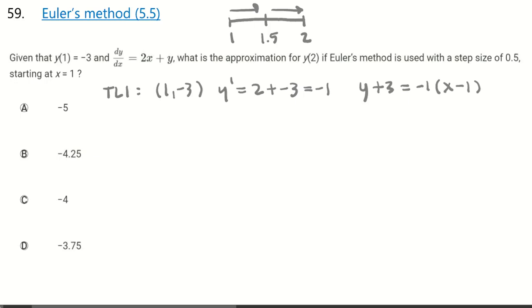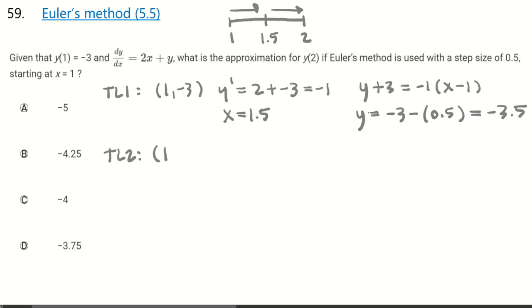I'll take my first step, and that's where x becomes 1.5. And then y will equal -3 minus 1.5 minus 1. So that's -3.5.